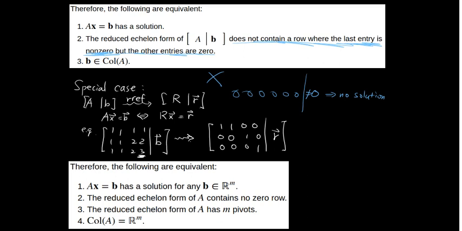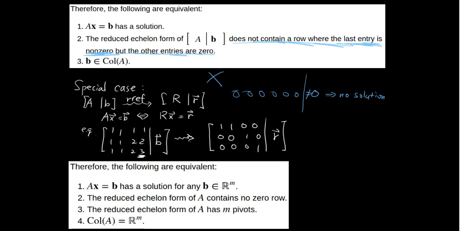And you will notice that in this special case, I don't know what b is, but I know as long as I run the row reduced echelon form, the reduced echelon form has 3 non-zero rows. So no matter what r is, it always has a solution. If the capital R has no 0 rows, then whatever the b or r you give me, I always can find a solution.